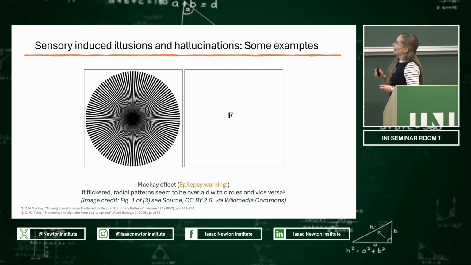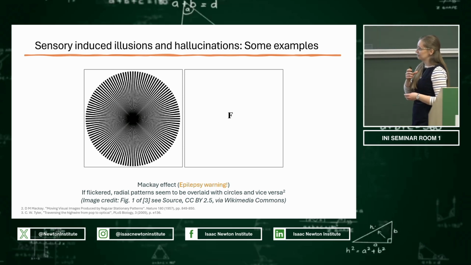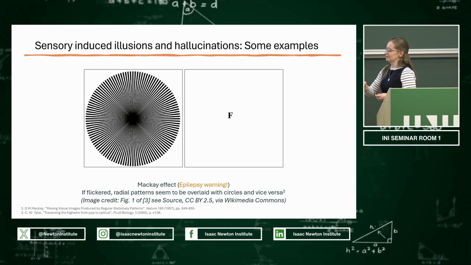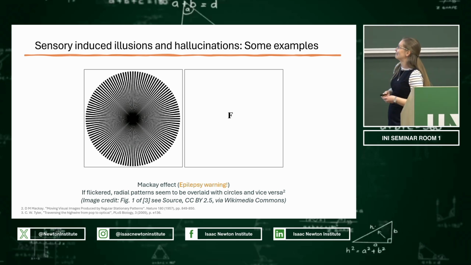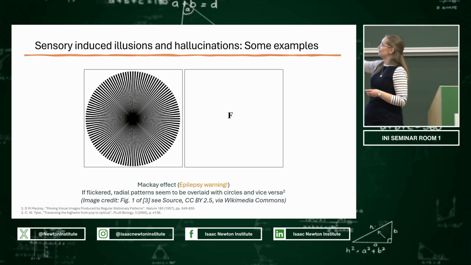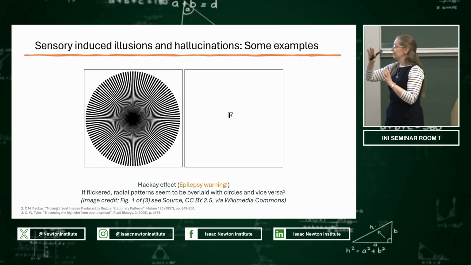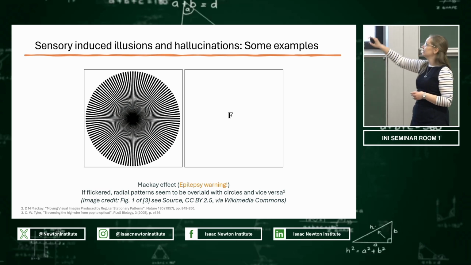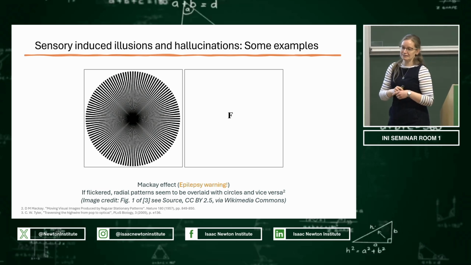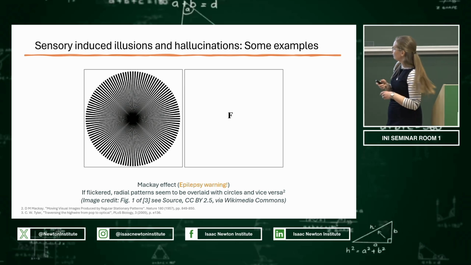Okay, this one also has movement, but it also has this different type of illusion where if you look at the spokes for 10 seconds-ish, if it's up there long enough, and then you look away to the blank area, people report seeing these moving but orthogonal patterns. So you would see circle patterns in the after image when you look away.